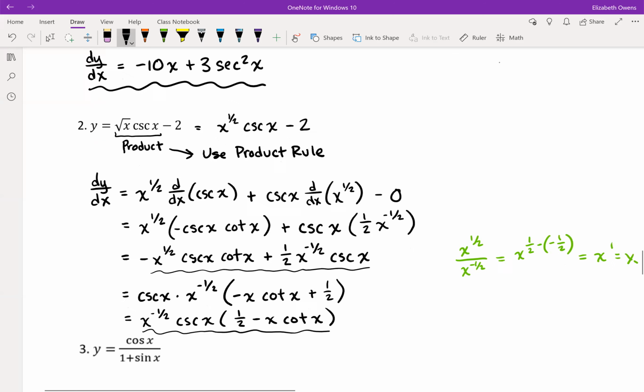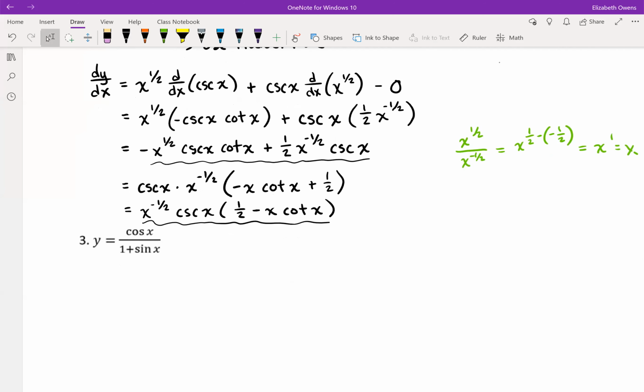Now for our third example, we have y equals cosine x over 1 plus sine x. And as we can tell right off the bat, this is a quotient. And so we're going to use our quotient rule.